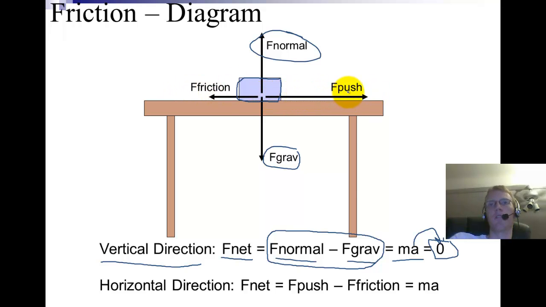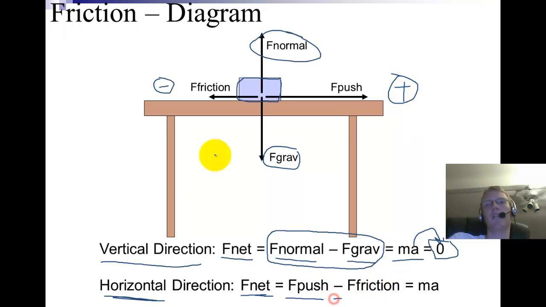If you push the box to the right, for example, friction is going to oppose that motion and point to the left. So the net force in the horizontal direction is, again, we're taking positive to be to the right and negative to be to the left. So F push is positive, minus, because it's to the left, force of friction.